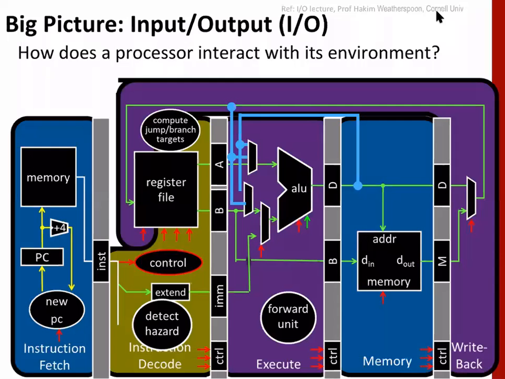So now let's come to this diagram, right, that we have studied in detail. This is exactly the same as what we studied in case of the five phase pipeline. And what we see here is a large data path, and also there is some control unit. So the control unit is shown here, and then instruction fetch, instruction decode and register fetch, then execute, then memory, and then of course there is a write back.